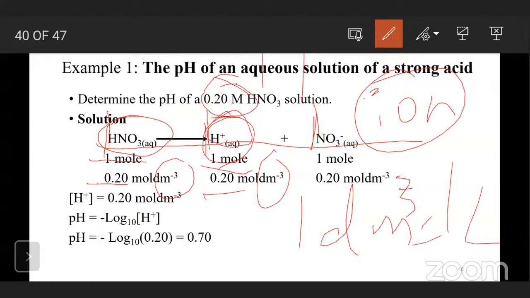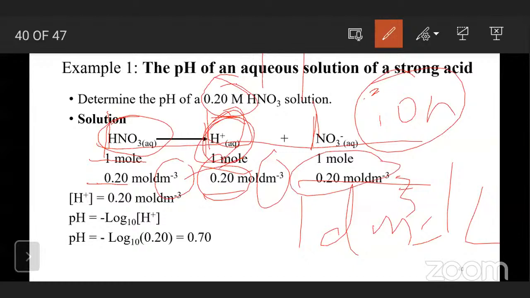So in 1 liter of solution, we'll have 0.20 moles of these hydrogen ions, and that gives us 0.20 mole per dm cubed solution. That will be the same number of moles for the anion side.